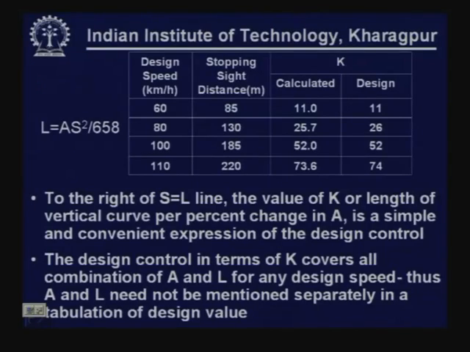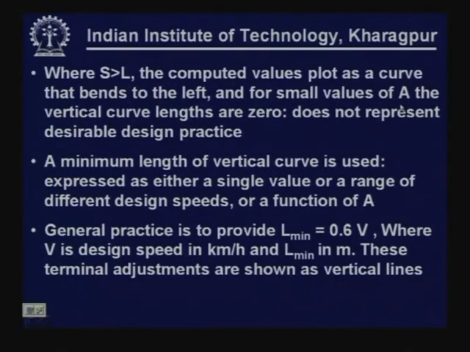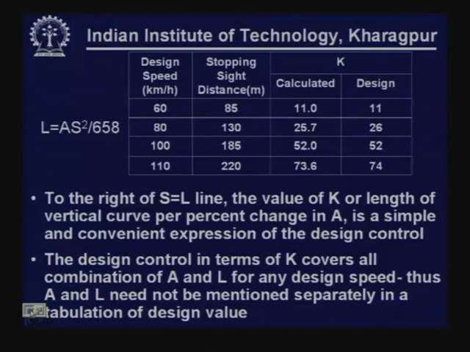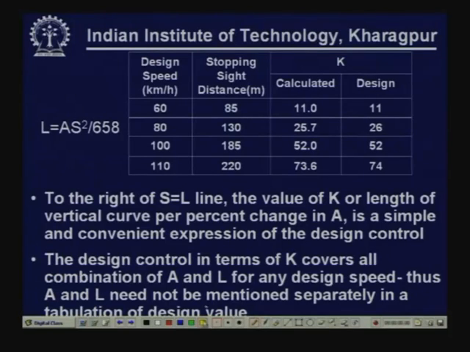So, if the design speed is known, we can easily calculate the required stopping sight distance, considering the reaction time and the design deceleration rate and all these things. Now, once the stopping sight distance is known, that means this S value is known.